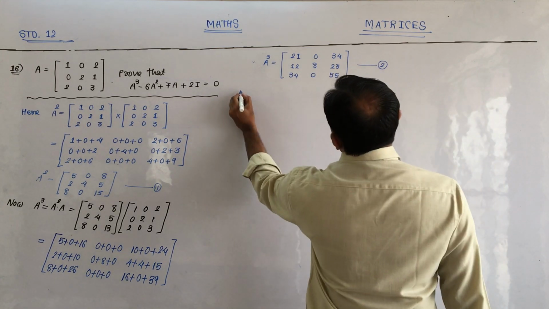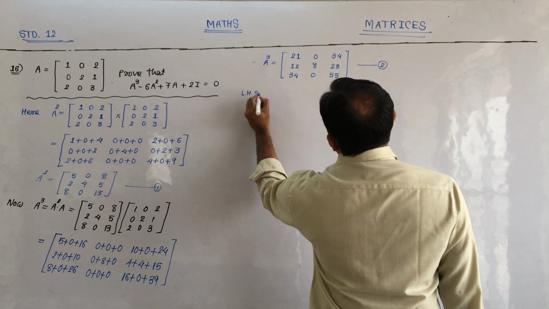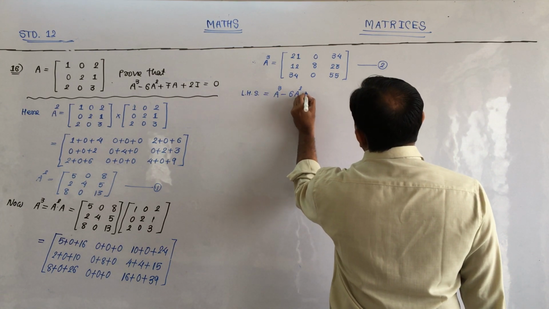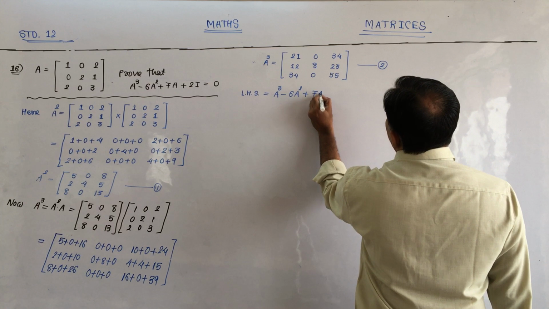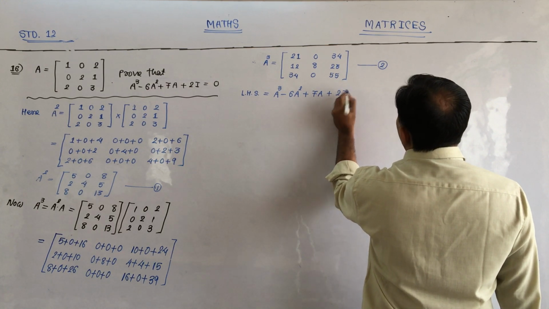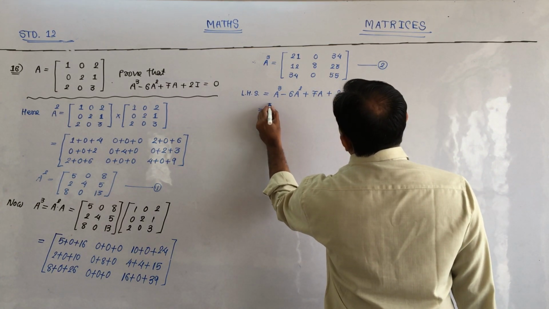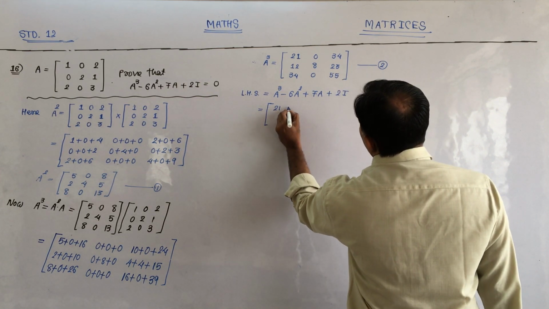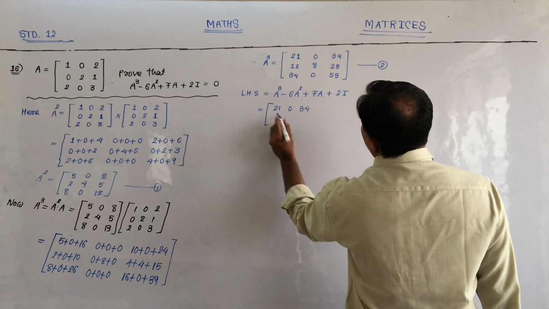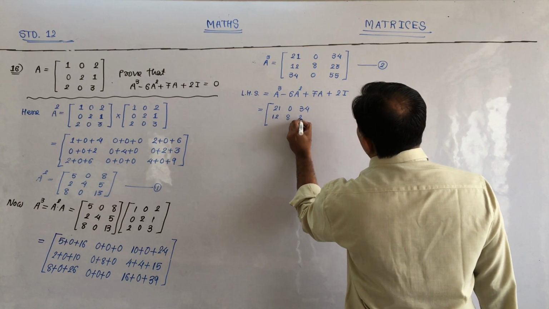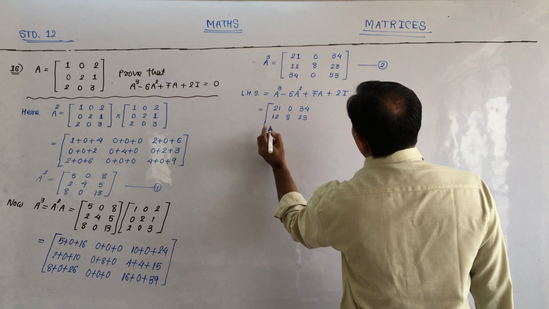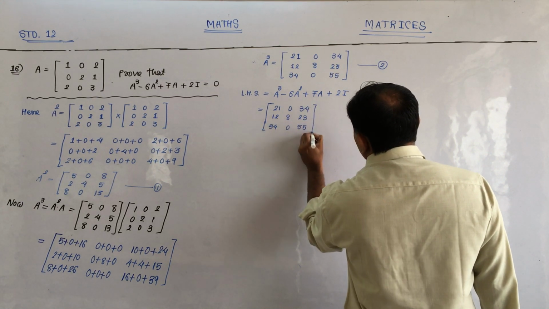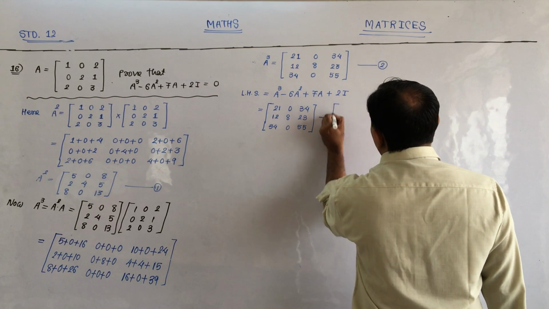Now what is our LHS? Our left hand side is A cube minus 6 times A square plus 7 times A and plus 2 times I. Now let us put all the matrices here. This is 21 0 34, 12 8 23, second row, third row is 34 0 and 55. Minus 6 times A square.